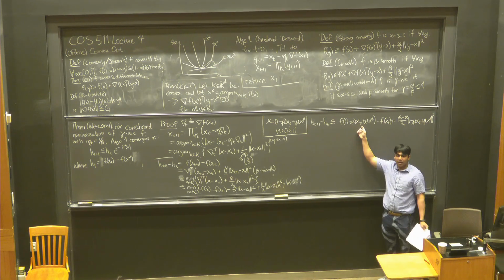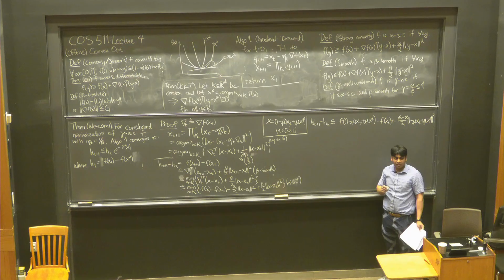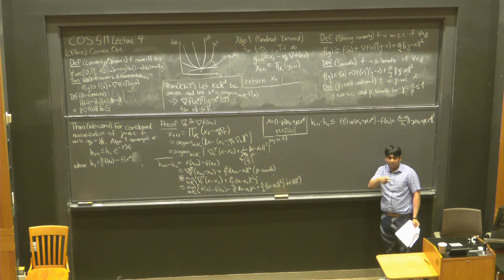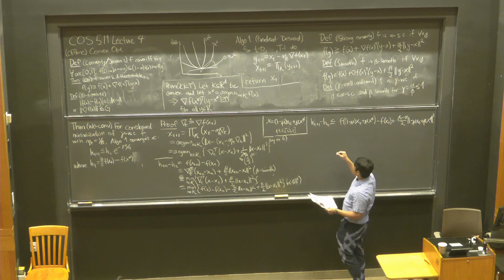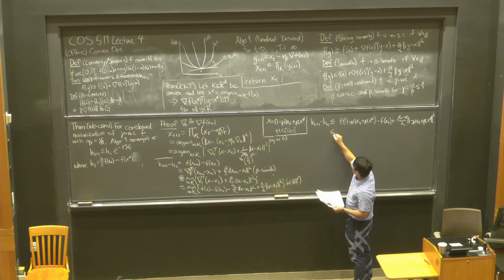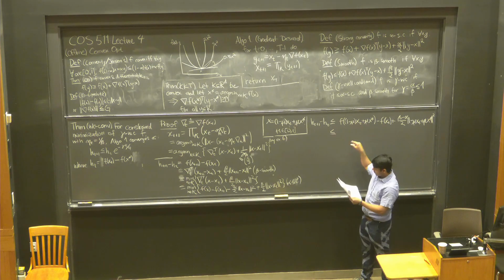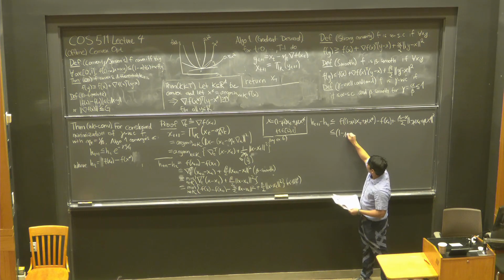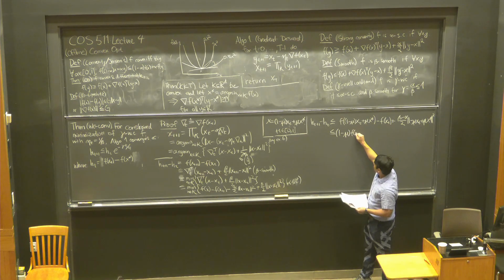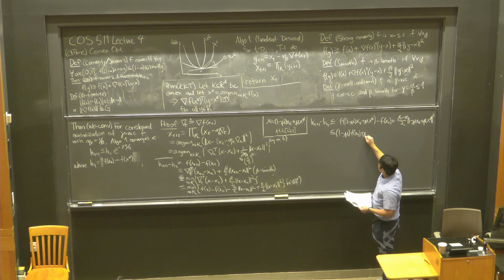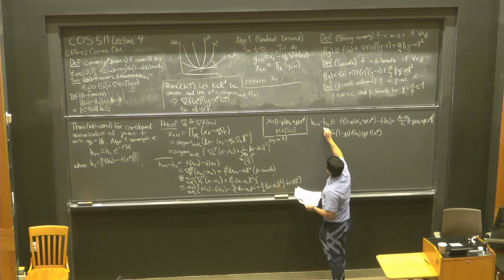Cool. And then what can we do here? Does anyone have any ideas on how we can tackle this term? Yeah, many students have said use convexity. So by Jensen's inequality, this is at most 1 minus mu f of xt plus mu f of x star. This is by convexity.